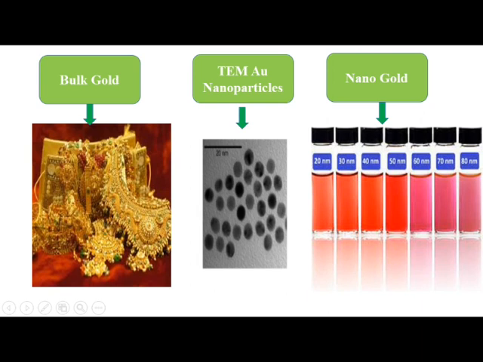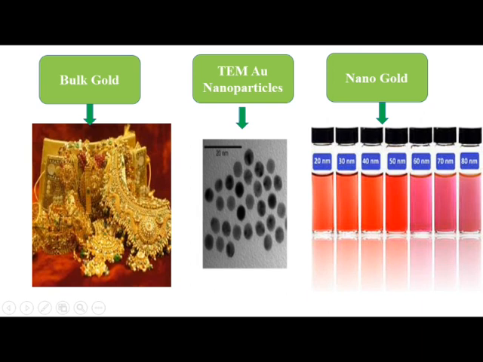I have purposely shown this slide so that at least you get an idea what happens to the bulk material when it goes to the nanoscale. In this slide you can see the color property change.